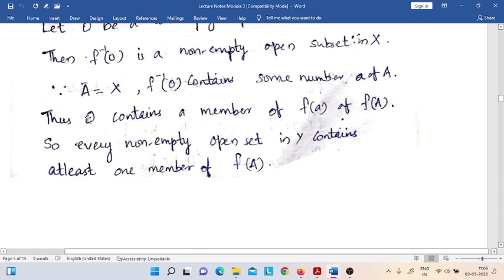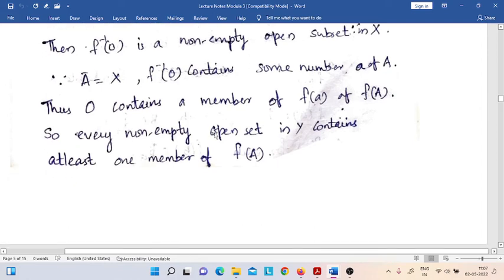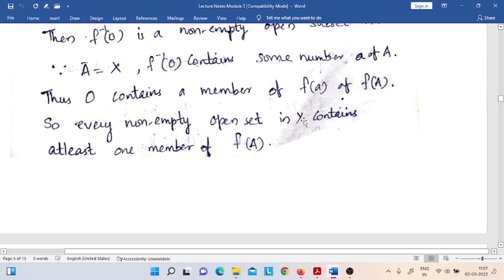So O contains the member F of a, and F of a is contained in F of capital A. Therefore every non-empty open set in Y contains at least one member of F of A.